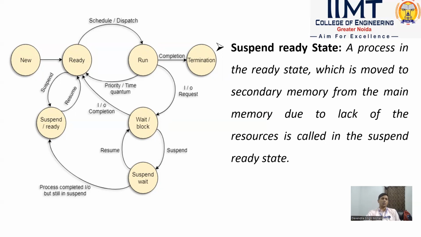That means, as we know, there is limited space available inside the main memory. If the number of processes required comes inside and there is no space available, then the operating system suspends the process, and when it gets space, it will come inside the ready state.